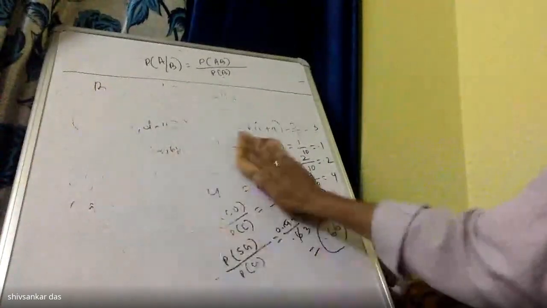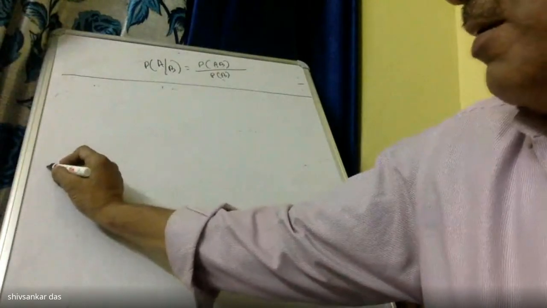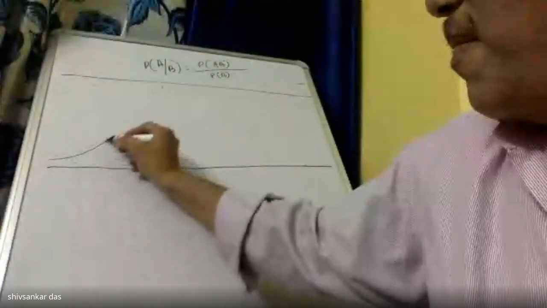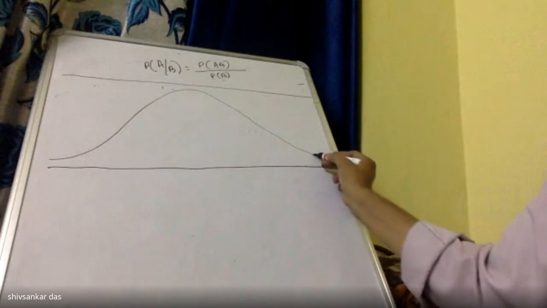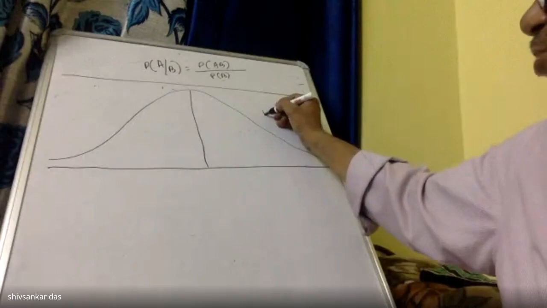Next to Bayes theorem, I do not like to go into detail. There are some other important topics. Day before yesterday, I was giving a normal curve. This is normal distribution.